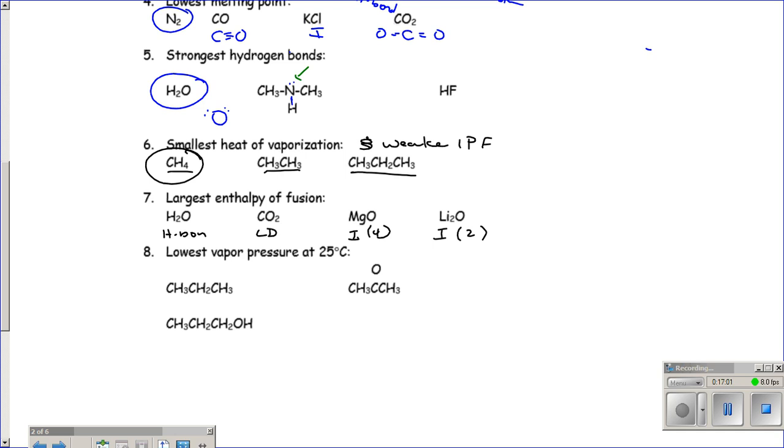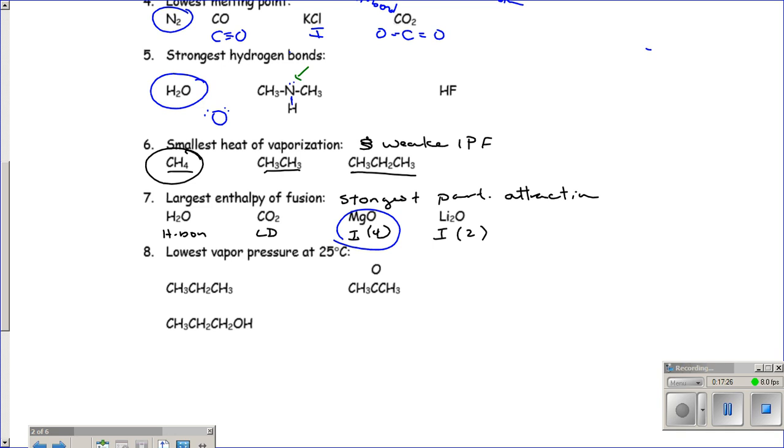The largest enthalpy of fusion means the strongest attraction. So the strongest attraction here is, of course, the ionic magnesium oxide.